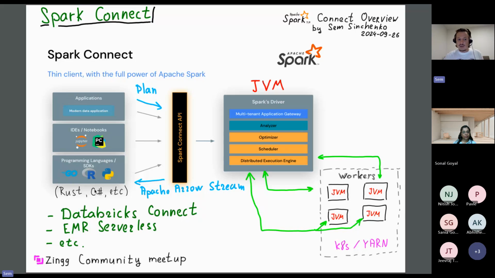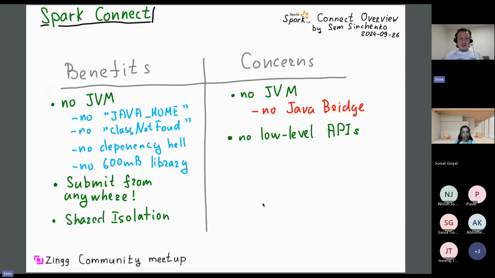But with Spark Connect, you can have Spark Rust, Spark C Sharp, and who knows what else, because all that you need to do is implement quite simple logic of creating gRPC requests. And Spark itself already defines all the protobuf messages that are needed to implement it. So what are the benefits of Spark Connect?